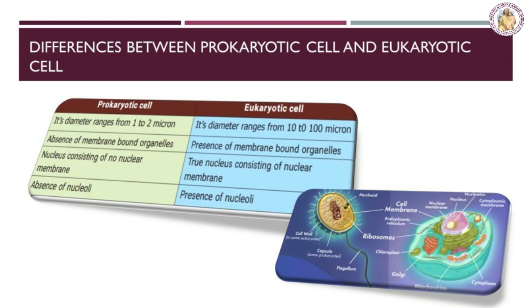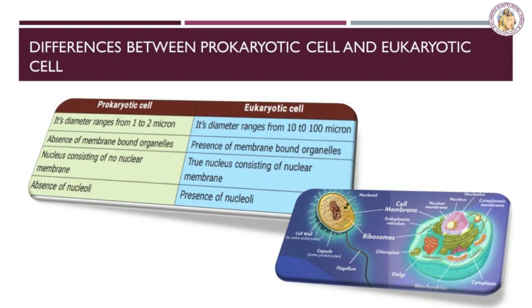Differences between prokaryotic cell and eukaryotic cell. In prokaryotic cell, the size of the cell ranges from 1 to 2 micron in diameter. In eukaryotic cell, its diameter ranges from 10 to 100 micron. In prokaryotic cell, there is absence of membrane-bound organelles, but in eukaryotic cell, there is presence of membrane-bound organelles.